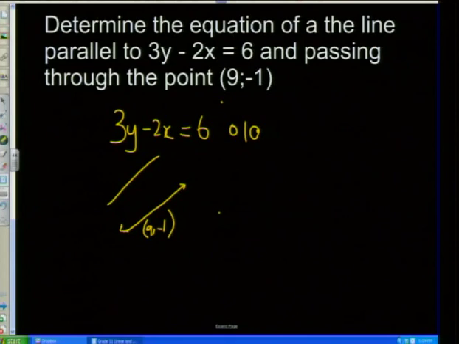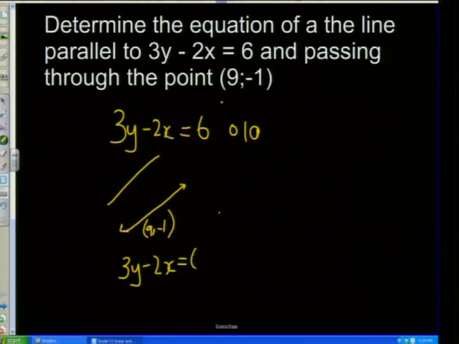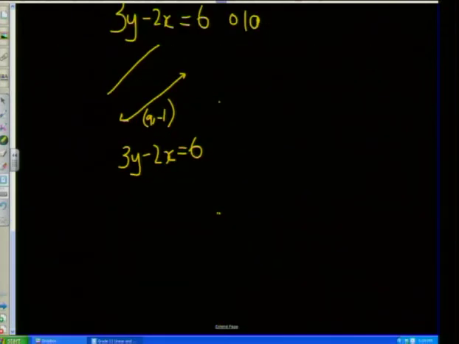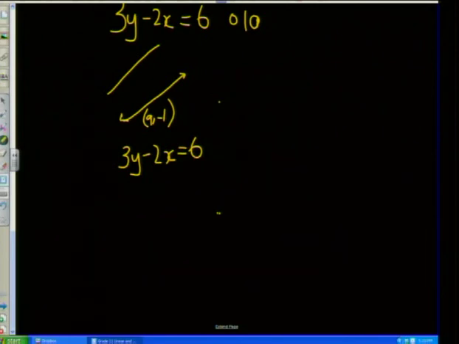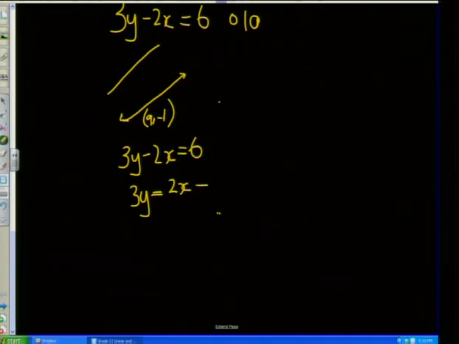All right, so how do we find the gradients? I have 3y minus 2x is equal to 6. Okay, we need to rewrite this in standard form. So that means take everything over to the other side. So I get 3y, everything that doesn't have a y in it. I want to write this in y is equal to mx plus c form.